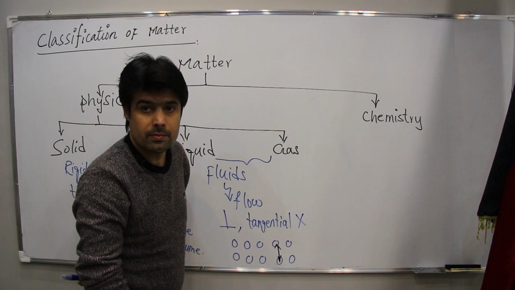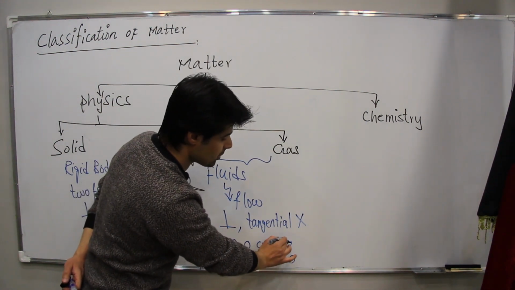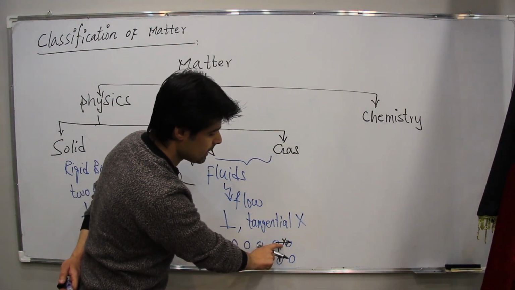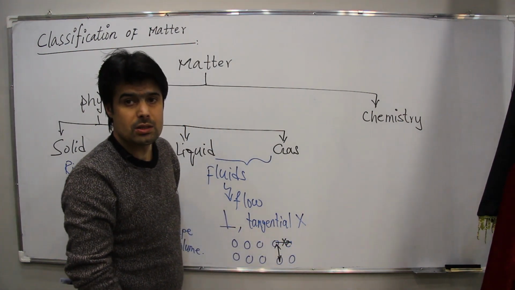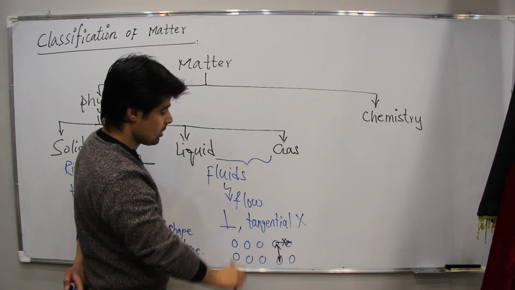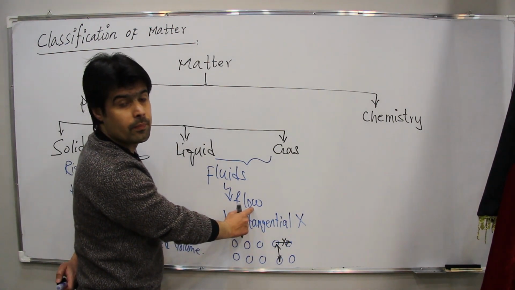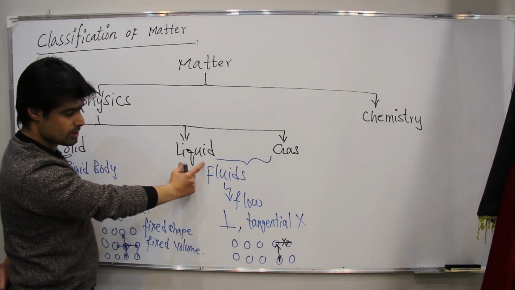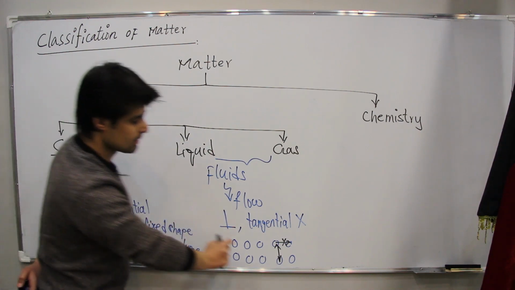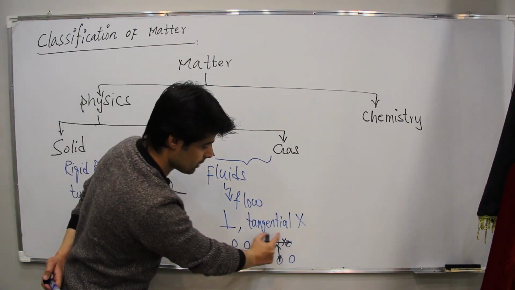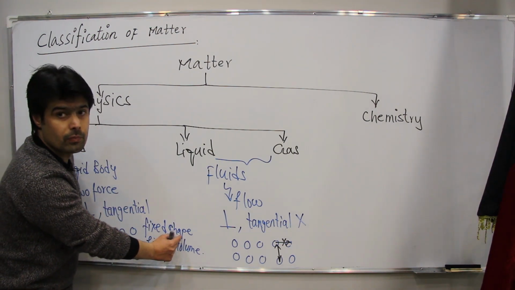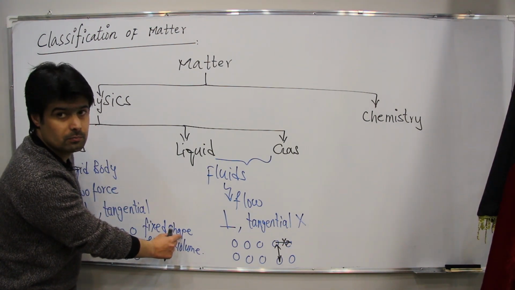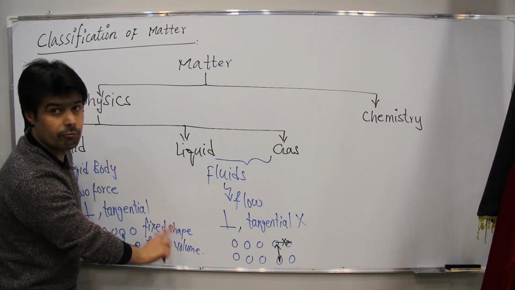Perpendicular is present. Tangential is not present. For this reason, the molecules are moving. It means they are flowing. So liquids, since they don't have one force, tangential, their shape is not fixed.